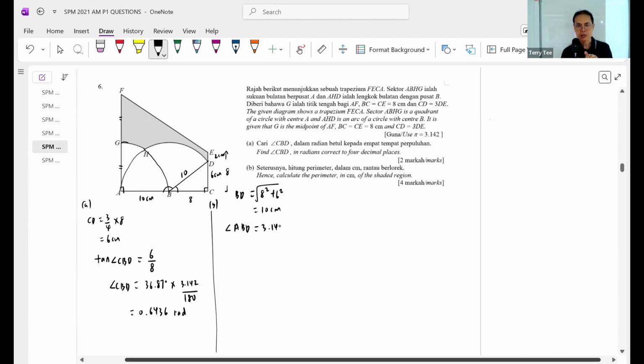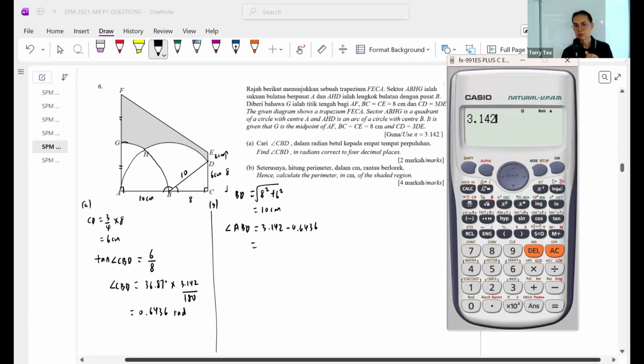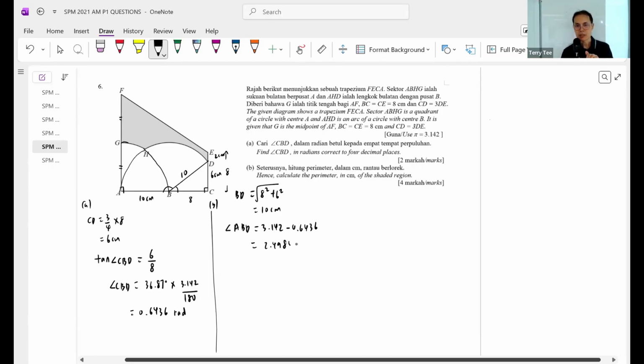ABD is pi, 3.142, minus 0.6436. You get 2.4984. So this is your arc.